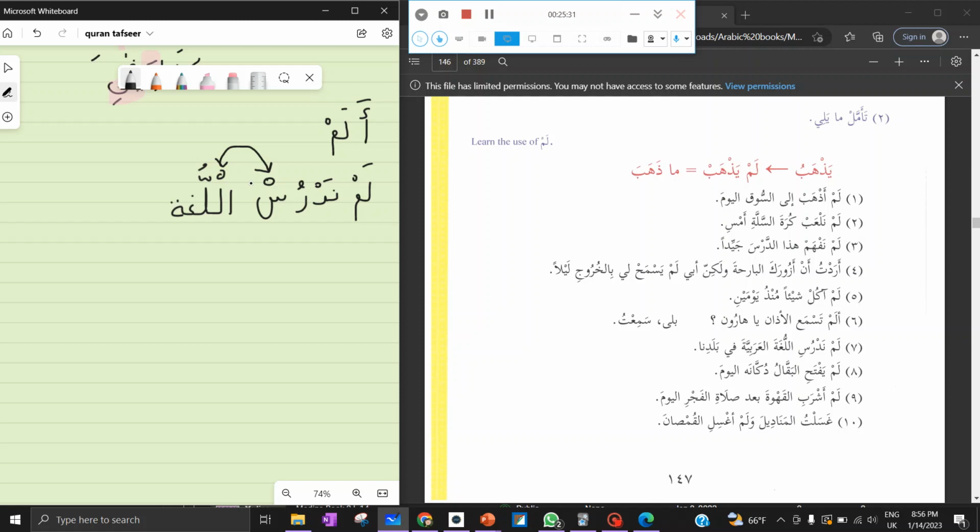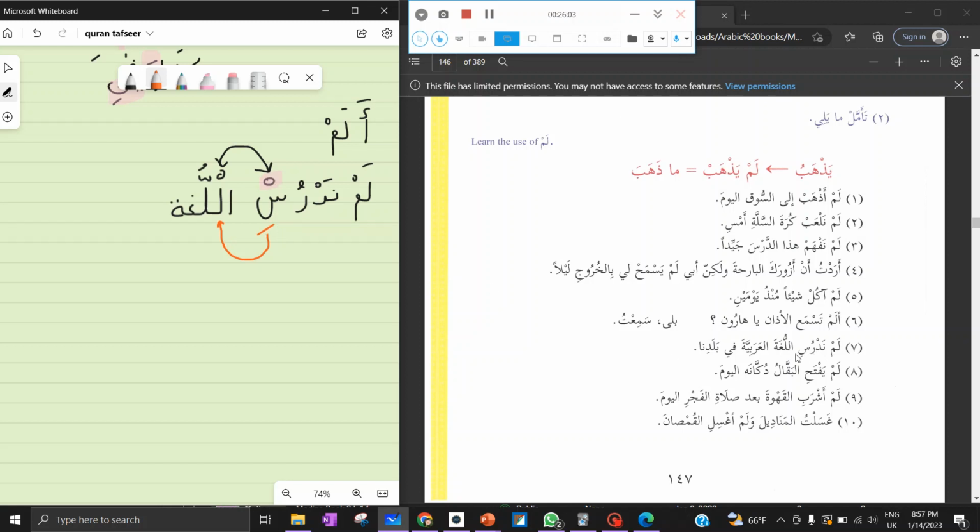The rule is the first sukoon will be deleted, and instead of that sukoon, a kasra is given to the letter, and this kasra goes and joins with the lam at-tarif, and you will read lam nadrusil lughata. That is the tajweed rule, how you always read it when two sukoons meet. The first sukoon is deleted and a kasra is given.